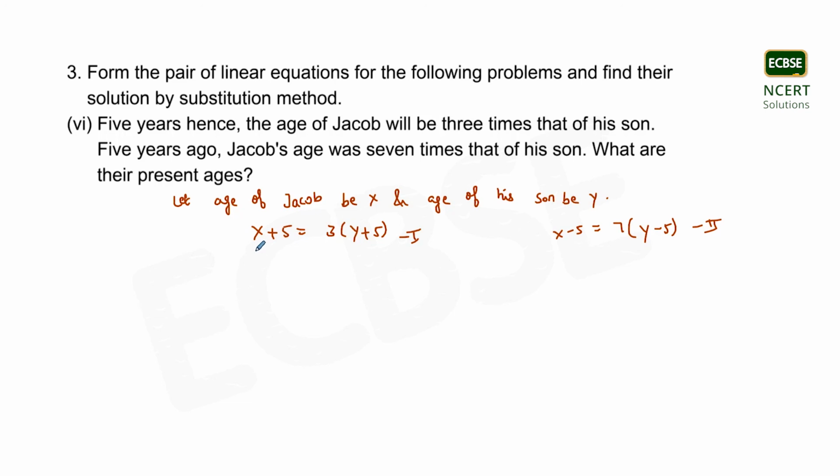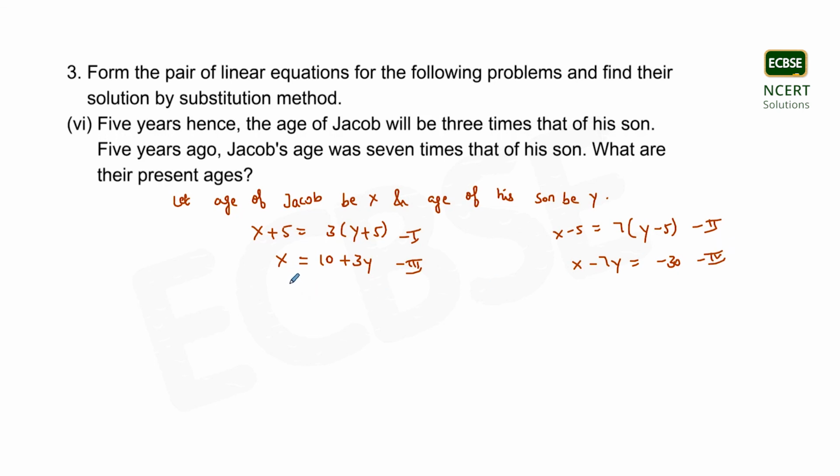So now simplifying it, x comes out to be equal to 10 plus 3y. Let this be equation third. And from here, x minus 7y is equal to minus 30. Let this be equation fourth.